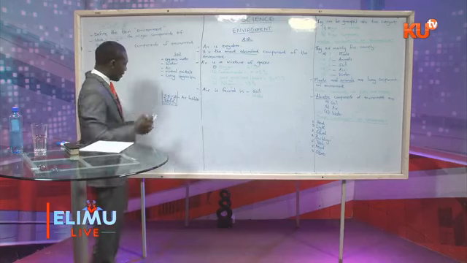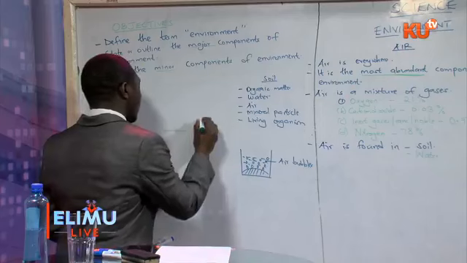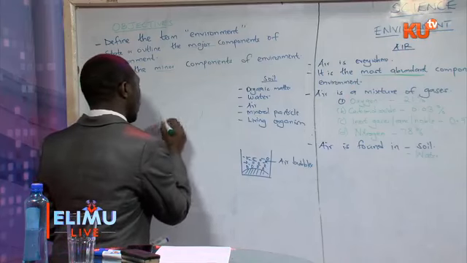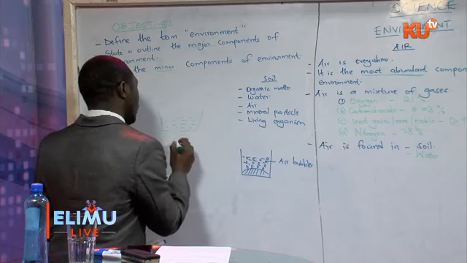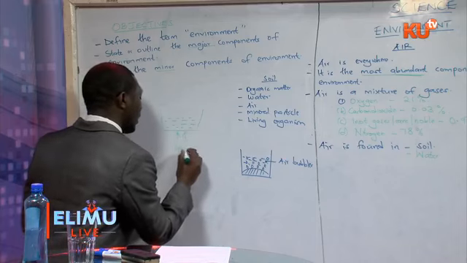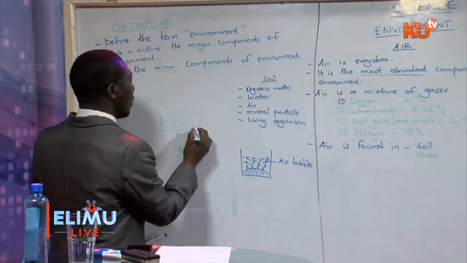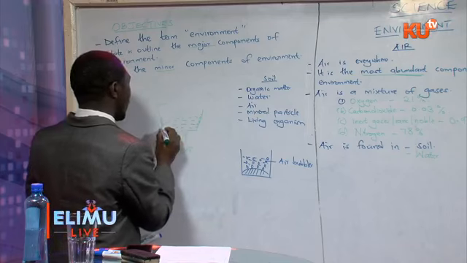In standard 3, there was a topic on testing whether there is presence of air in water. You take water, place it in a tin or a sufuria, and place it on a source of heat. When you heat it, after some time, before it reaches the boiling point, you will see some air bubbles on the sufuria.